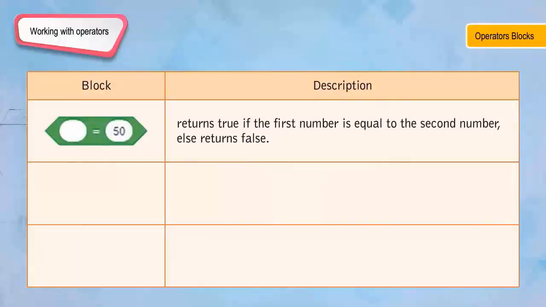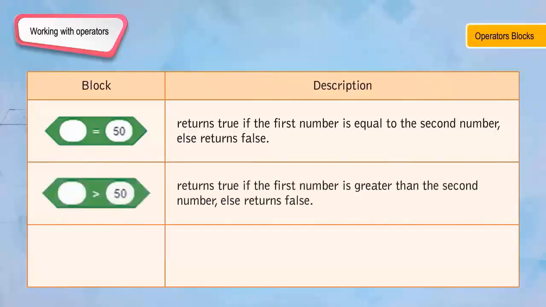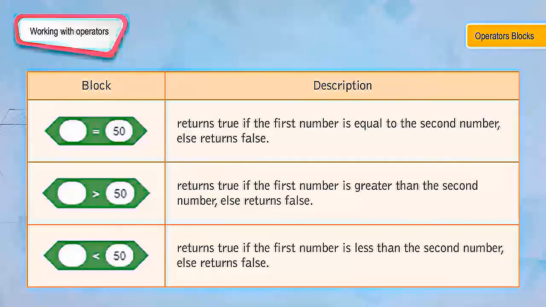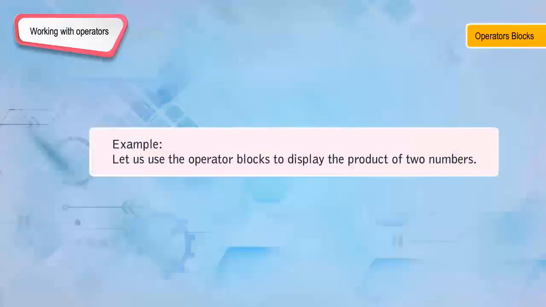Returns true if the first number is equal to the second number, else returns false. Returns true if the first number is greater than the second number, else returns false. Returns true if the first number is less than the second number, else returns false.